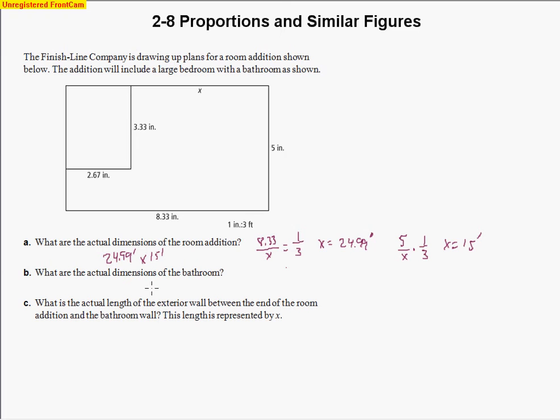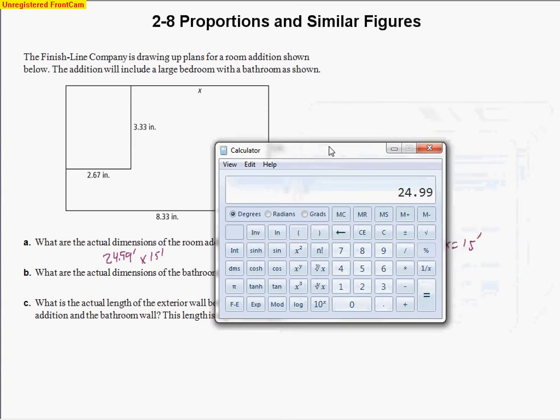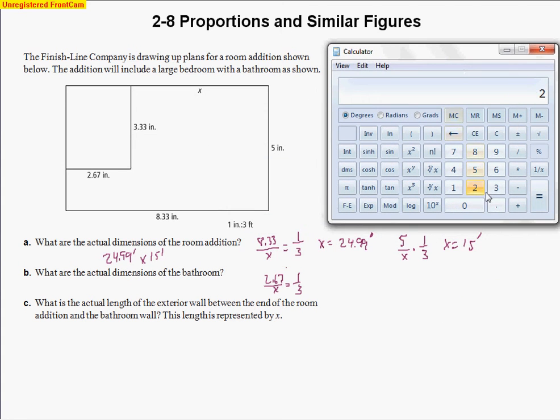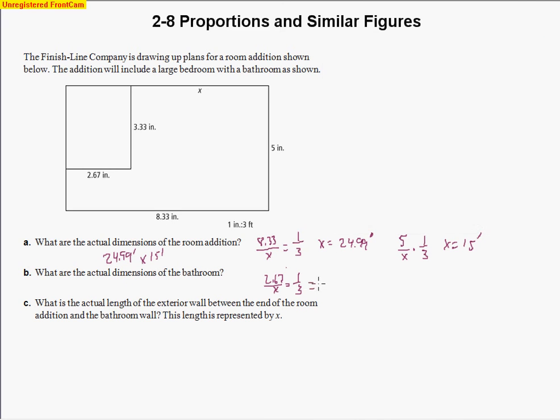Well, what are the actual dimensions of the bathroom? Same sort of thing. We have 2.67 over x equals 1 over 3. So we get to multiply that 267 times 3, that gives me 801. So x equals 8.01.